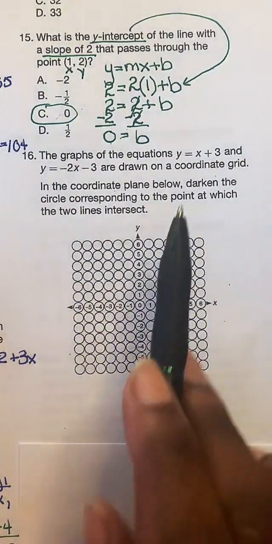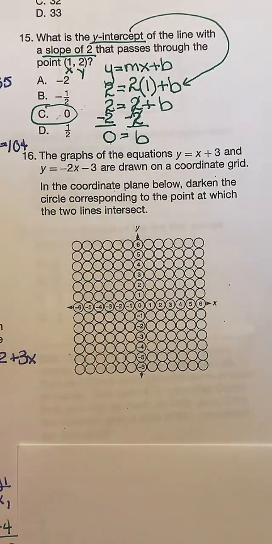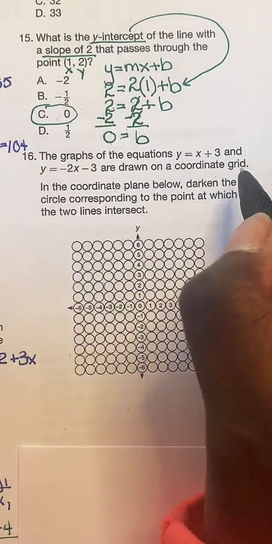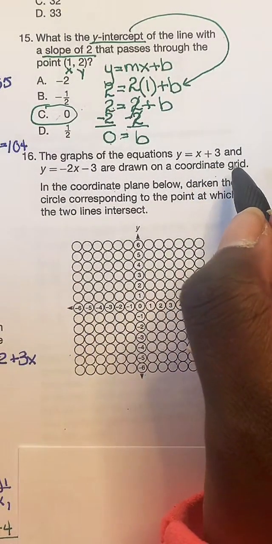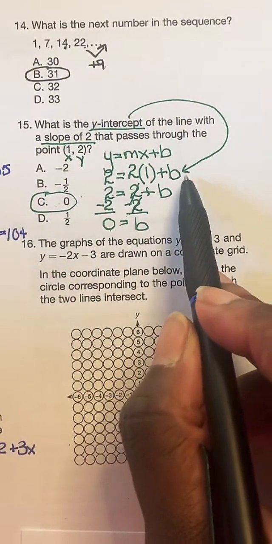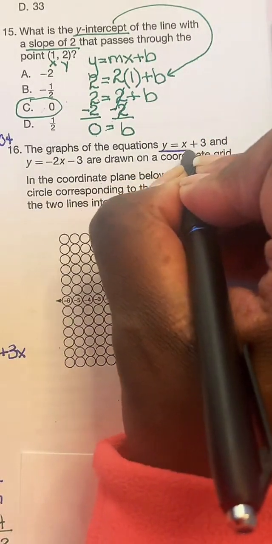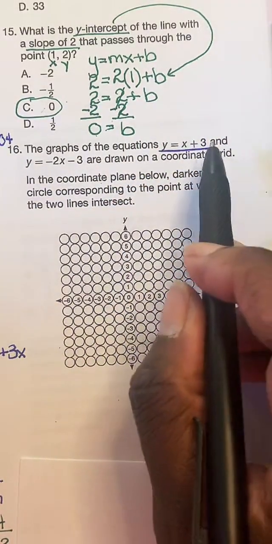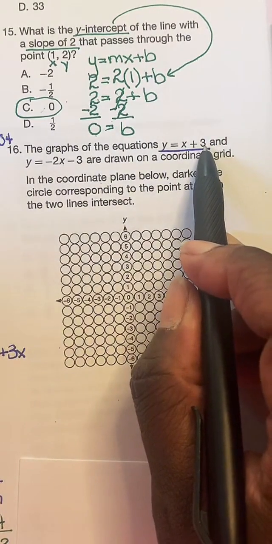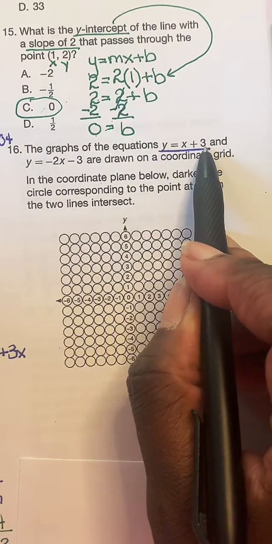So first, let's graph each of these lines. So this is what happens. Ready? Step by step. Remember I told you earlier about this y-intercept? Well, if I look at this first equation right here, my y-intercept is going to be the 3. And let me show you why it's called a y-intercept.